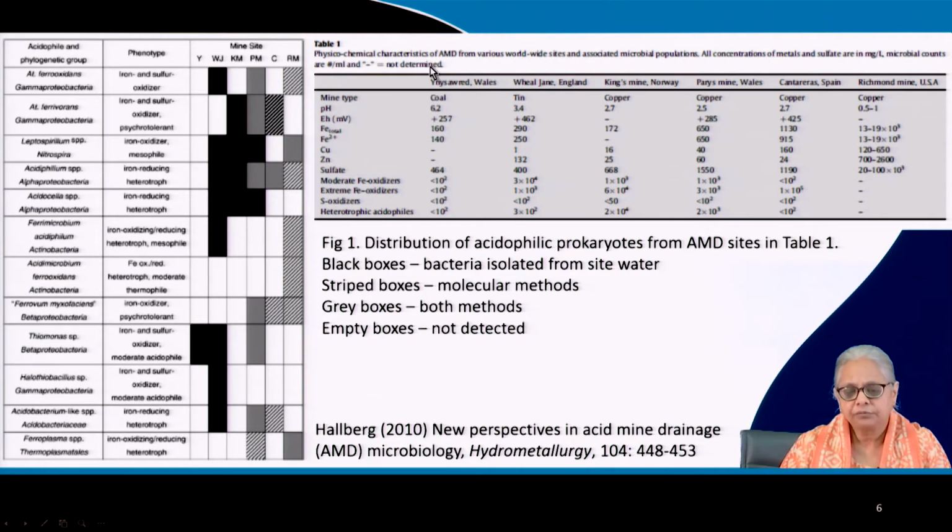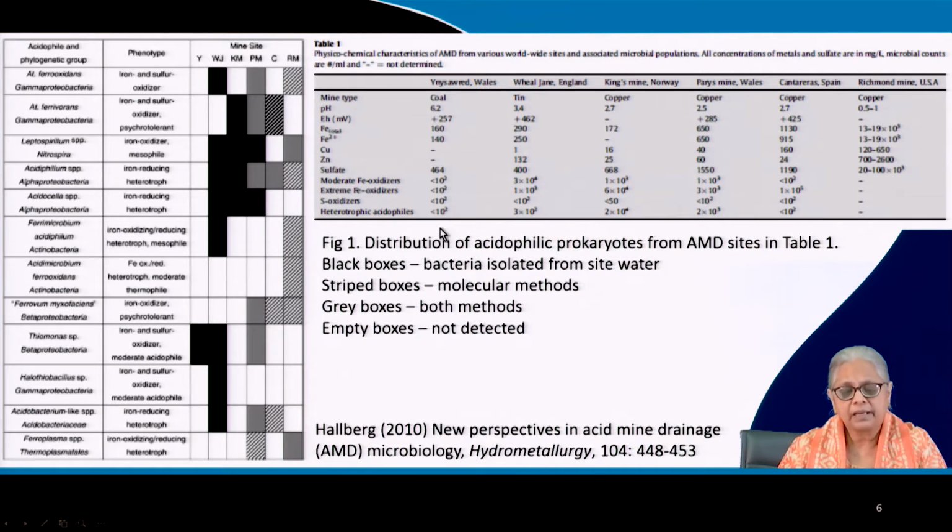Other than the first site, all of them have extremely low pH. So you have pH of 3.4, 2.7, 2.5, 2.7 and less than 1. So these are all examples, and there are both autotrophic as well as heterotrophic bacteria, and the concentrations of these bacteria are not very high.